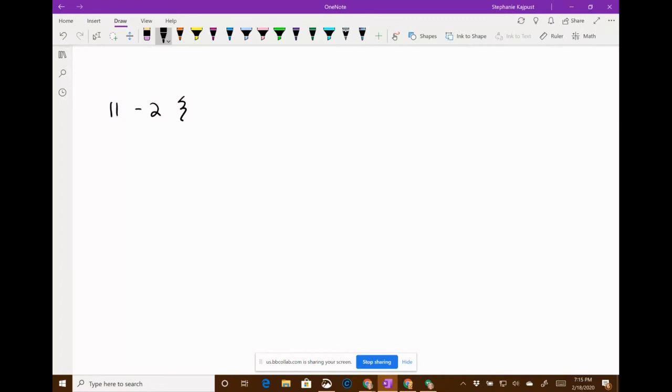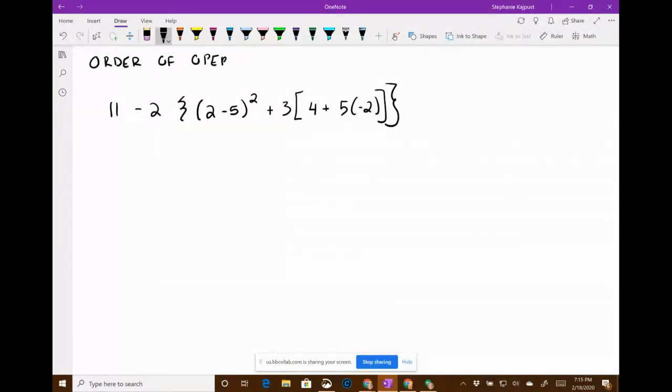I'm going to do something a little complicated but with different symbols, so that you can see how each of these things is worked. I guess I got bigger as I was writing. So I have lots of things going on here. Order of operations.